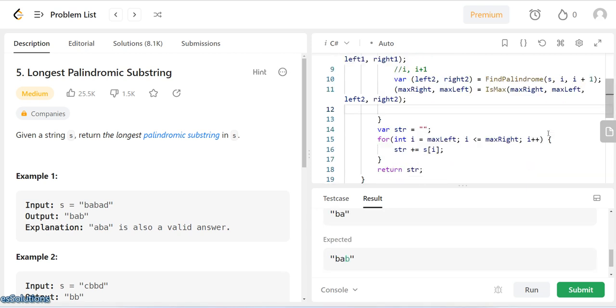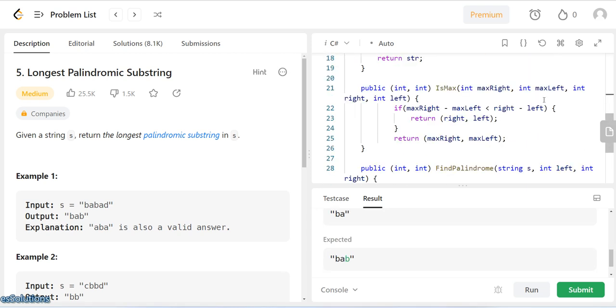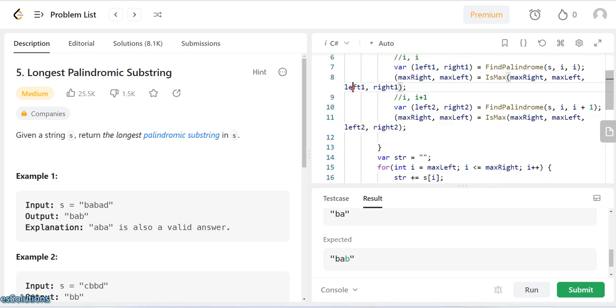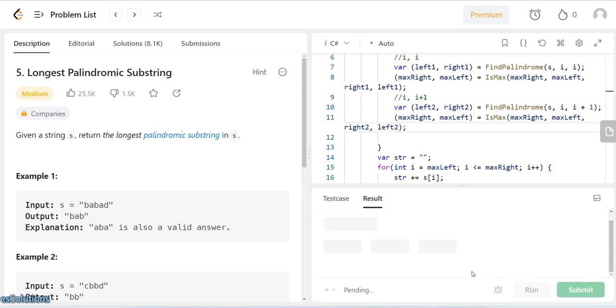Now what is that? We know we're passing in the right, left, but we're passing left, right instead of right, left. So let's move right, then the left. Same thing here, passing right, then the left. Let's try this again. Yes, okay. Pass. So let's submit and see what we get.